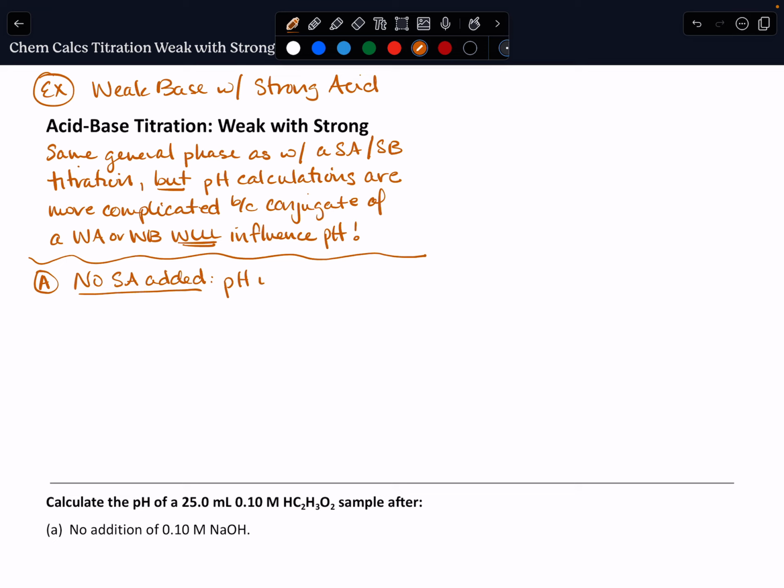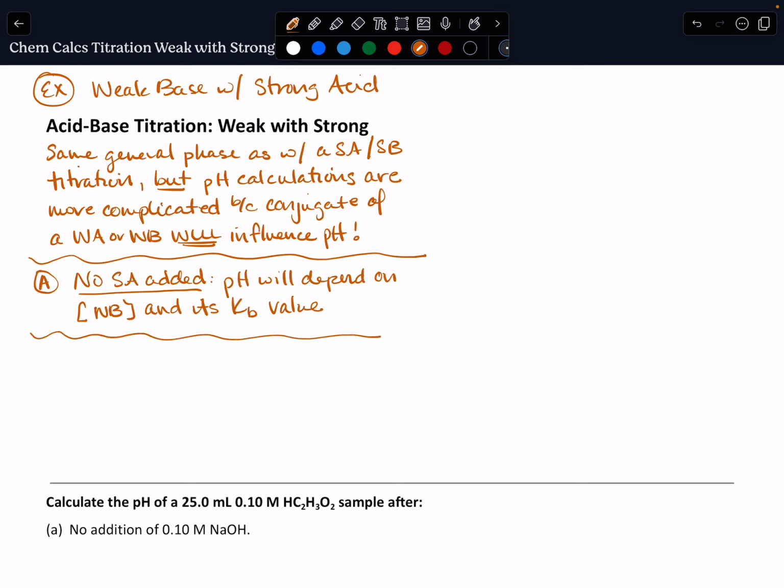So pH will depend on the concentration of our weak base and its Kb value. We'll do the dissociation of that weak base. Using its Kb, we can calculate the concentration of hydroxide present, and then from there, the pOH and pH.